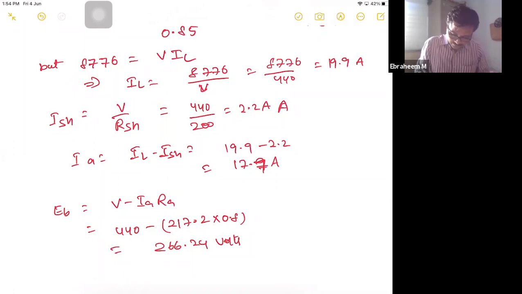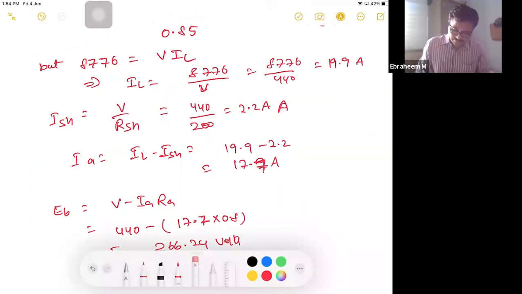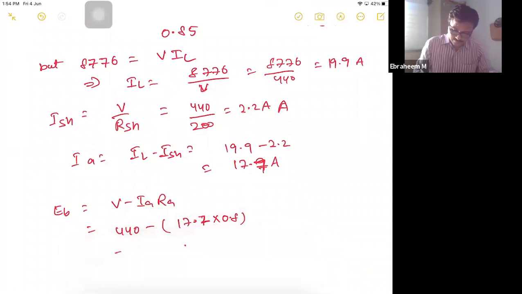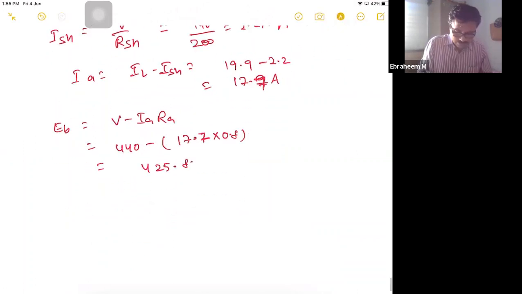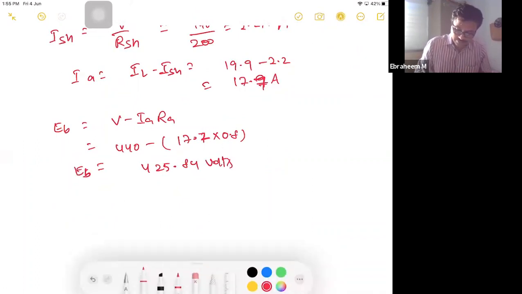So not 217, it is 17.7. Then armature back EMF is 440 minus 17.7 into 0.8. This will be 425.84 volts. Back EMF calculated.